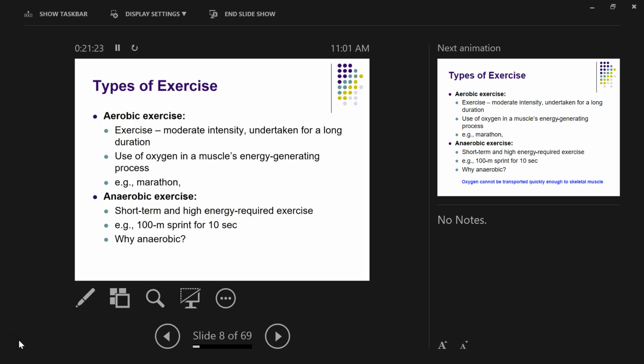So the oxygen will not get to the muscle quickly enough for oxidation. So in this type of exercise, we only utilize the stored energy in the skeletal muscle for ATP production, and will not be able to involve the oxygen and oxidative metabolism in the mitochondria.